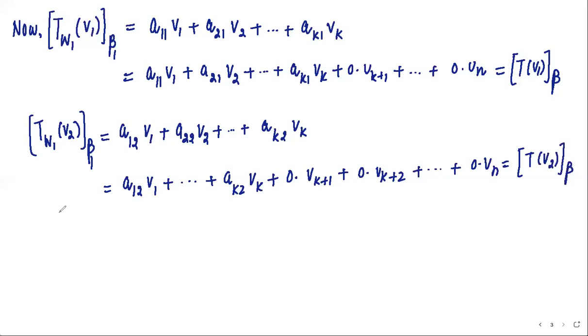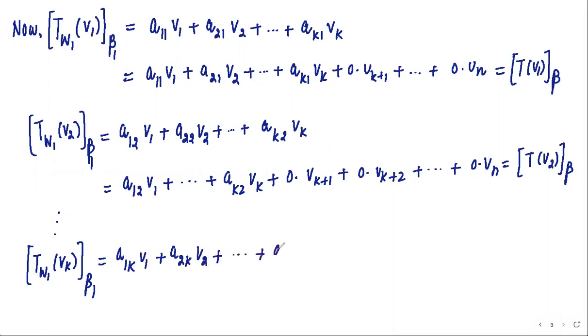In this way we can continue, and we can write TW1 of Vk. We can find its coordinate vector related to the basis beta 1, and this is equal to A1k V1 plus A2k V2 plus so on plus Akk Vk.